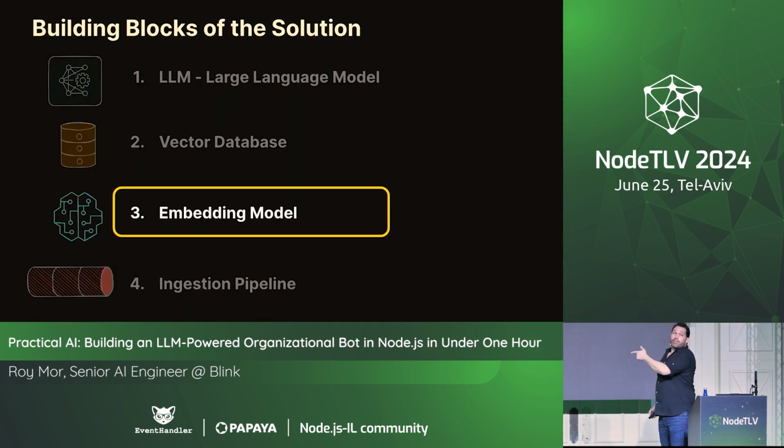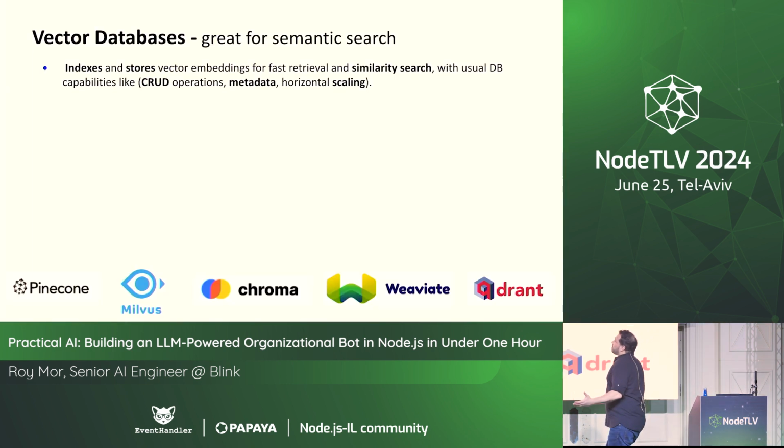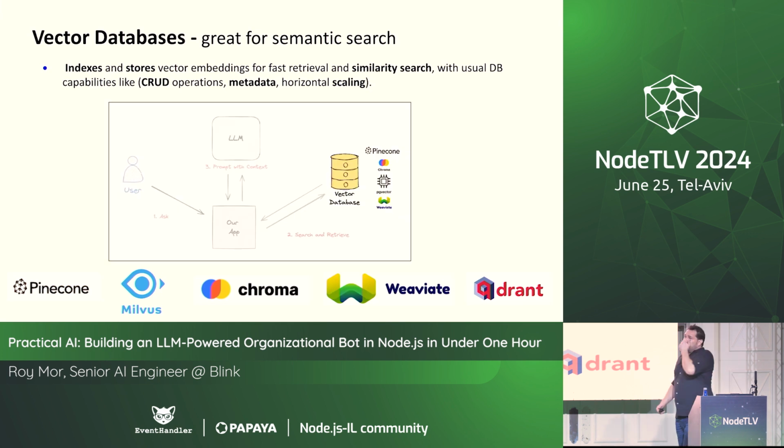All right, so the embedding model is the third building block here because we use it to transform text into a vector. Vector databases are what we use for semantic search. It's a kind of database that indexes and stores vector embeddings for fast retrieval and similarity search, and has all the usual features that we expect from a database like CRUD operations, metadata, and so on. So the depiction should look like this. That database is actually a vector database. Good.